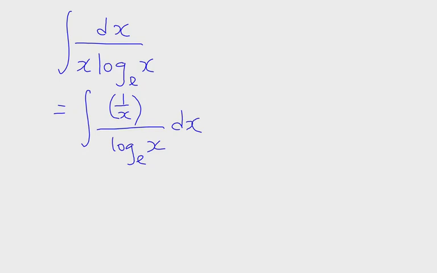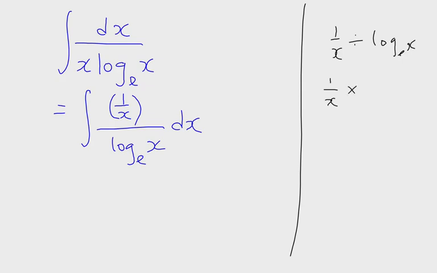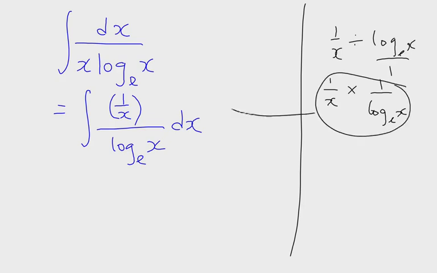Do the same thing. Because if you simplify it, it's like saying 1 over x divided by natural log of x. So it will now be 1 over x times 1 over natural log of x, and this one is the same thing as what we have here.